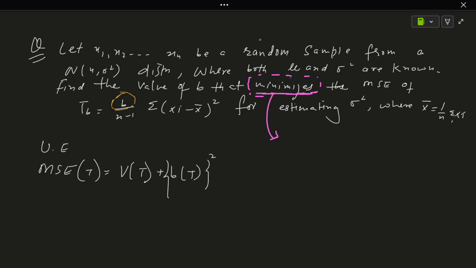So whenever you are asked to find the value of b that minimizes, or you find the word minimization or maximization, think about differentiation. Differentiation of what? We will see that later.